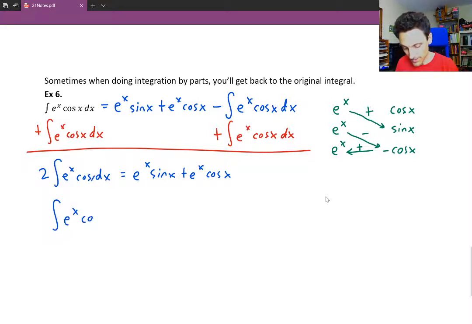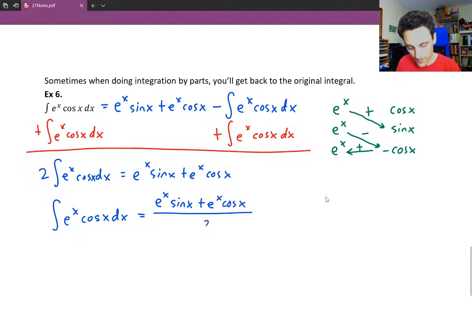Oops, I forgot an x there. We'll get e to the x sine x plus e to the x cosine x over 2. And then because we have an integral like this and we want to write the general antiderivative, we're going to put our plus c at the end.